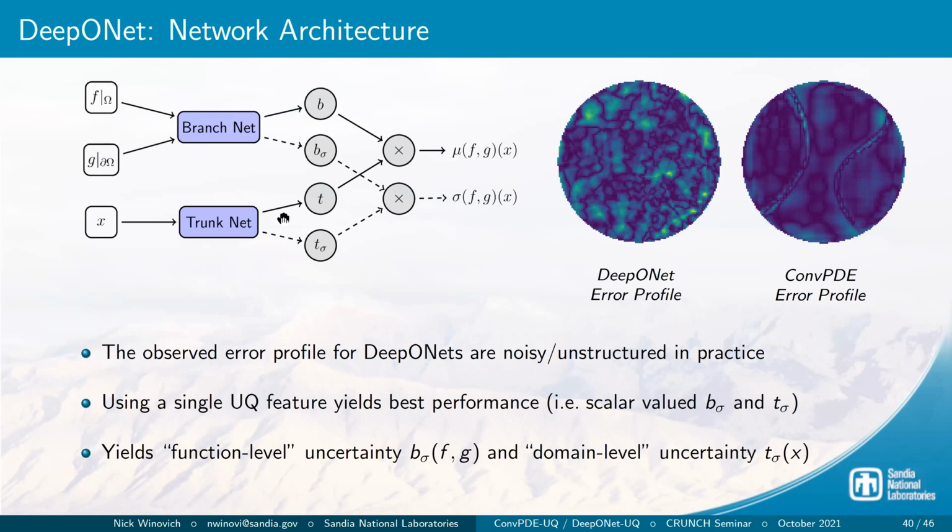But what I found was if we just take a single scalar prediction, so now we're really not increasing the computation at all for the branch and the trunk, we're just adding one value at the end, what we can get is kind of this function-level uncertainty, this B sigma that's related to the input, the complexity of the input, and this domain-level uncertainty, which is constant among inputs.